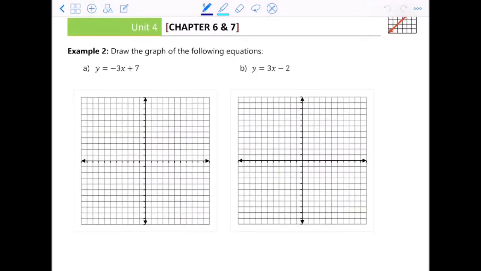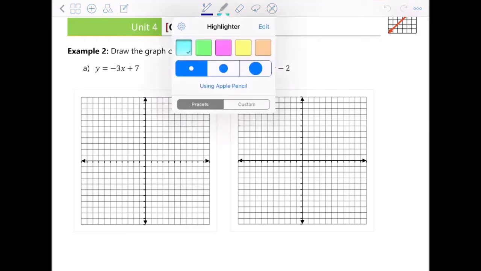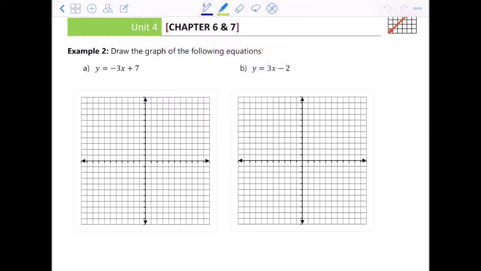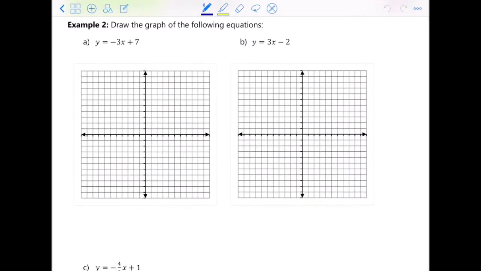Now example 2. Draw the graph of the following equations. Part A, this is the equation in slope-intercept form. What we're going to do is follow the steps to draw the line. So step 1 is to plot the y-intercept.